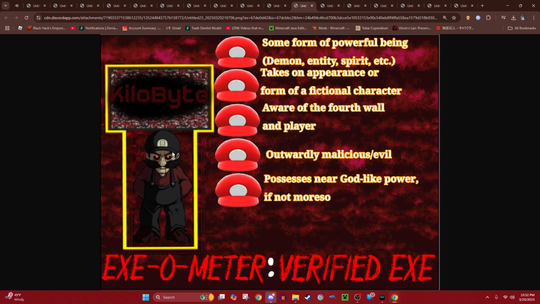Third hat. Are they aware of the fourth wall and the player? Yes, he definitely is. Fourth hat. Are they outwardly malicious or evil? I'm gonna be completely honest. Kilobyte has that kind of vibe of, if you bear with the horrors and terrifying things that are around him, I feel like he would be chill with you.